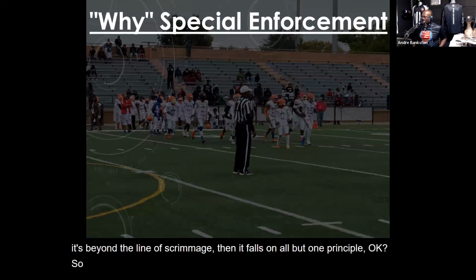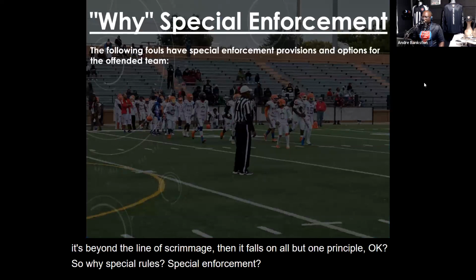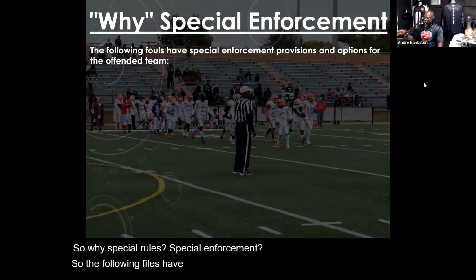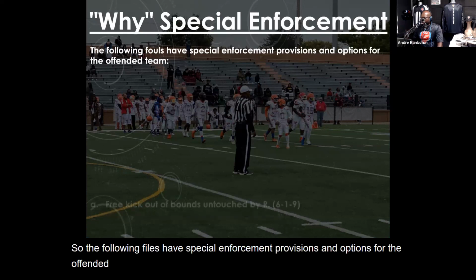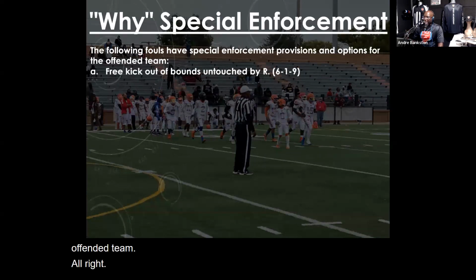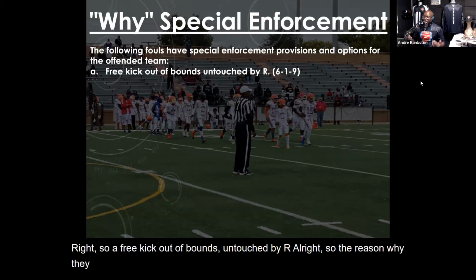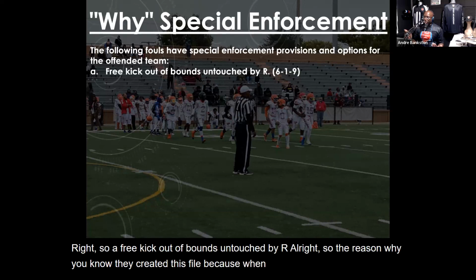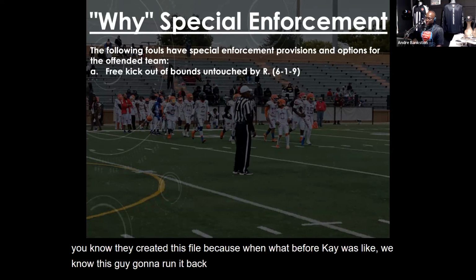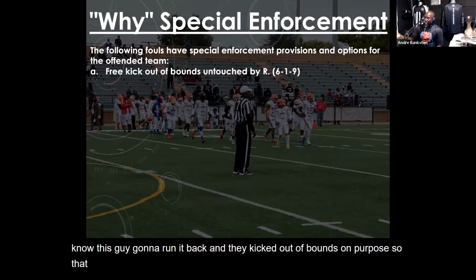So why special rule, special enforcement? The following fouls have special enforcement provisions and options for the offended team. A free kick out of bounds untouched by R. The reason they created this foul is that before, K would know the returner was going to run it back, and they kicked out of bounds on purpose so the ball wouldn't get to him.